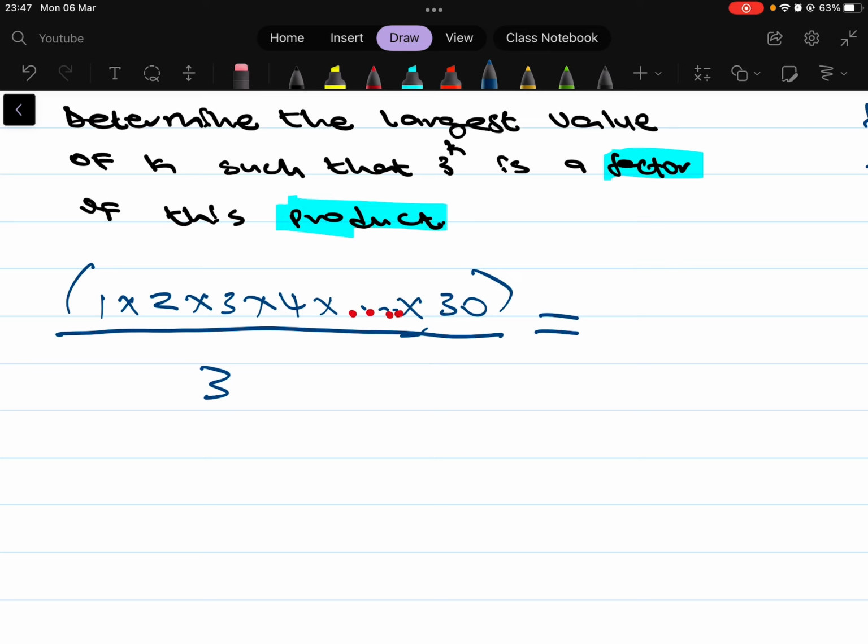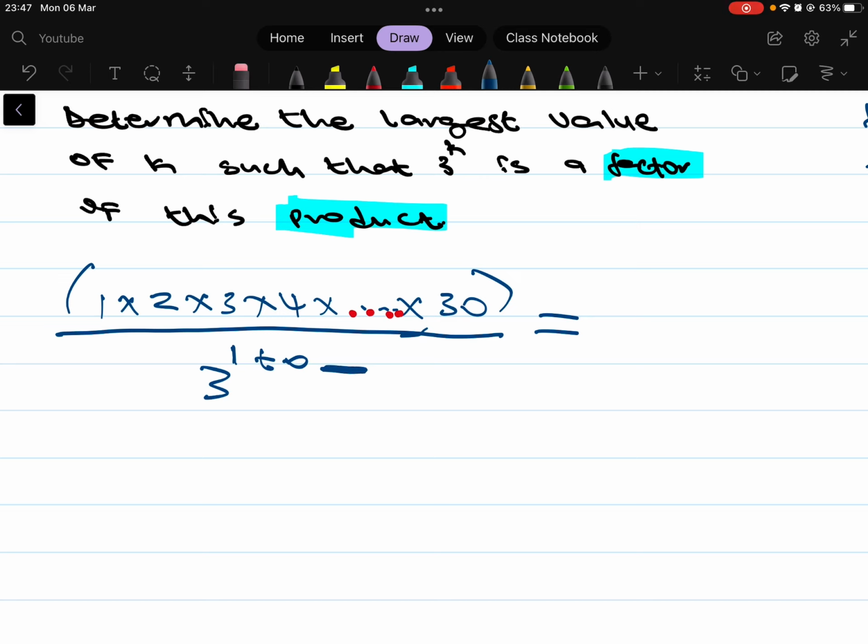At this point, it might not be clear. You might think, hey, I'm asking for a lot. But here's what's happening. This value of k can start from k equals 1 to a certain value. There's a limit to which you can go, as long as you remain within this product.